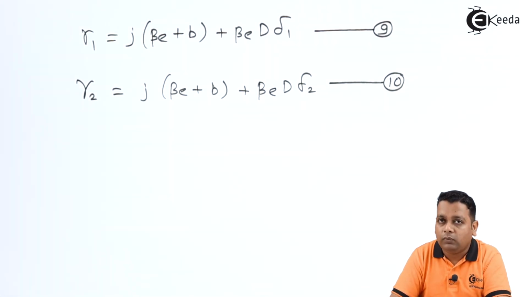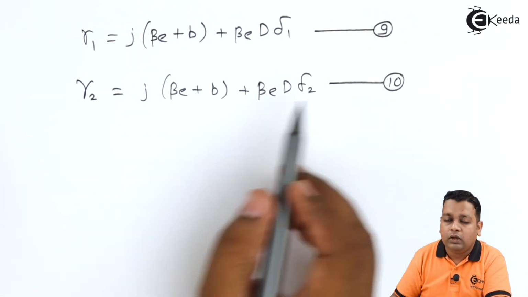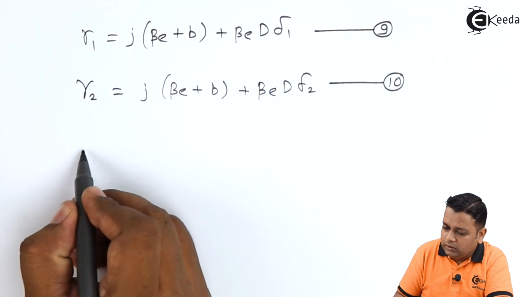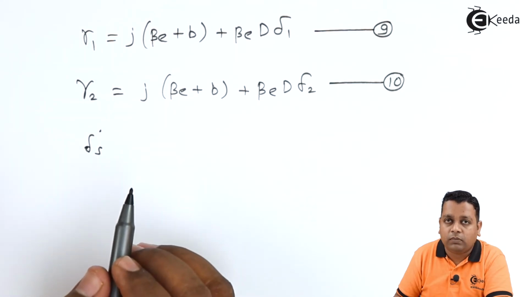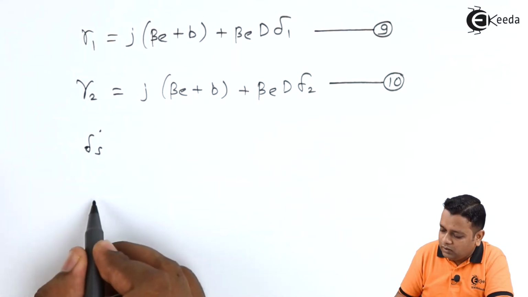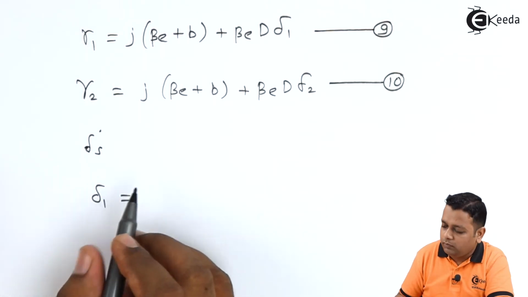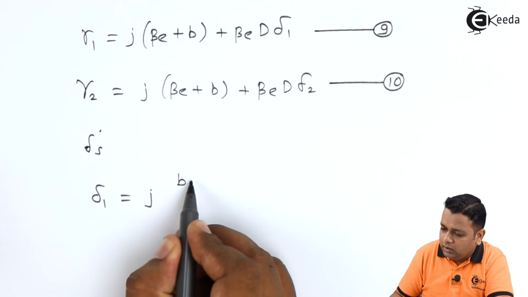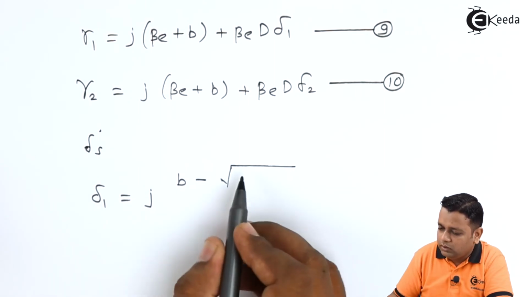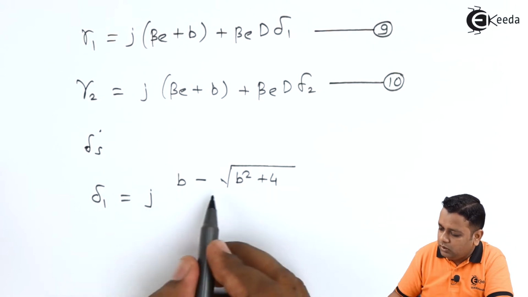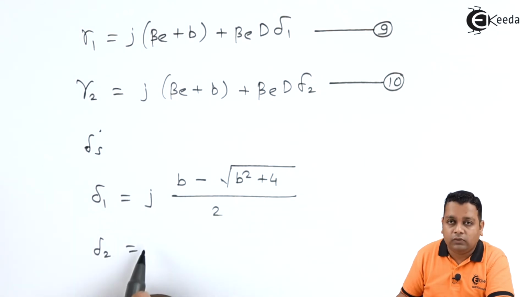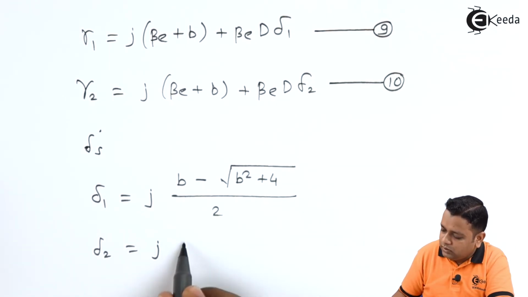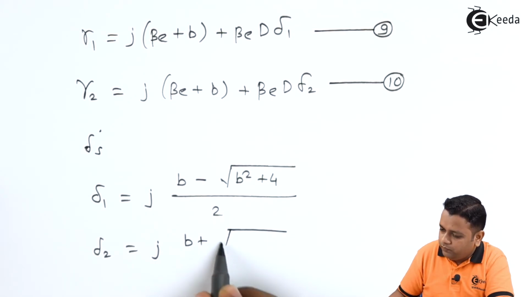Now in both of these equations 9 and 10 we have del. The dels take the roots from equation number 8, and therefore we can express del 1 in the form of j times, here it will be b minus the square root of b square plus 4, divided by 2, whereas del 2, the second root, can be expressed in the form j times b plus the square root of b square plus 4, divided by 2.